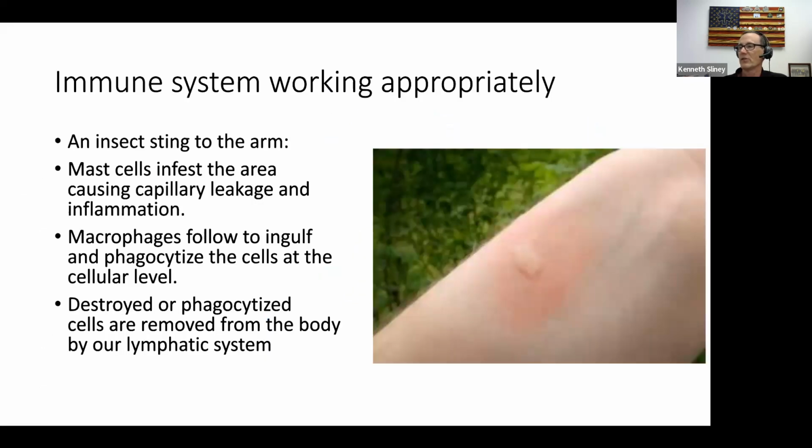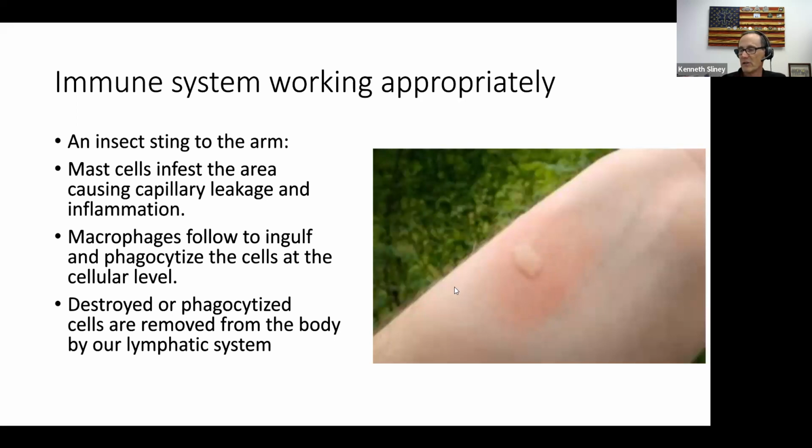So when the immune system is working appropriately, this is what it should look like. An insect stings someone in the arm. The mast cells infest the area, causing a leakage of capillaries and inflammation. And you can see this. This is a perfect example. There's inflammation, and this redness is leakage from capillaries.